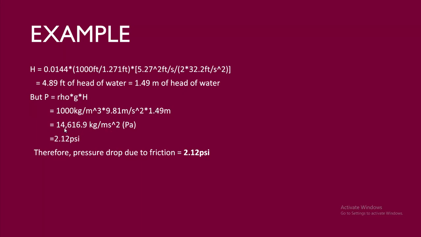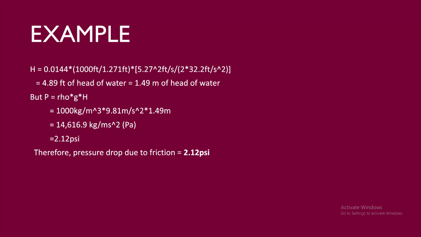We get 14,616.9 kg per meter second squared, which is equivalent to Pascal. Converting to PSI, we get 2.12.